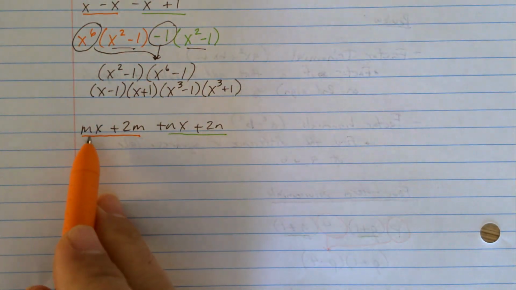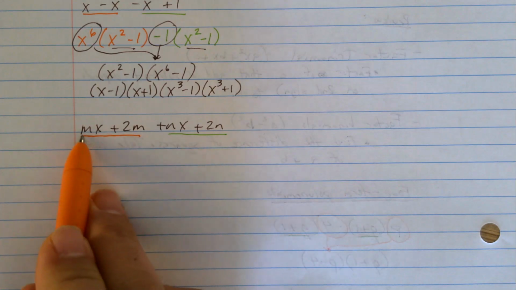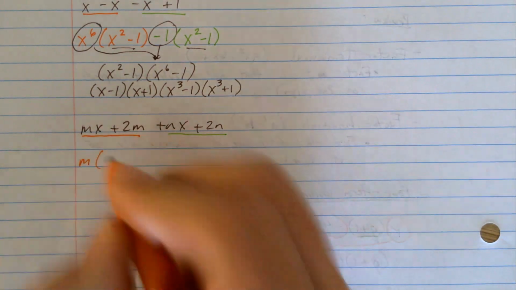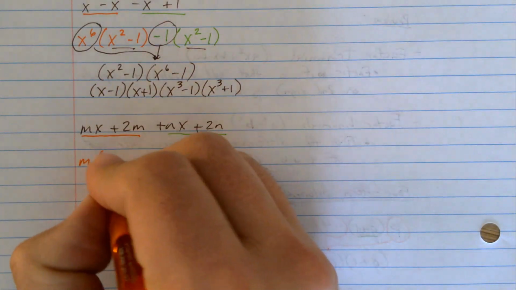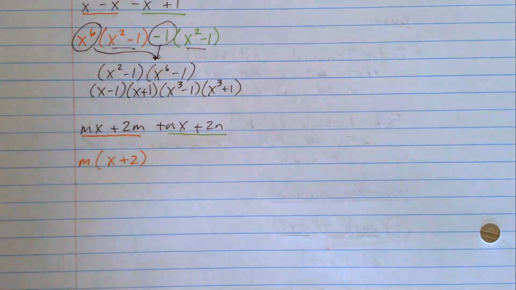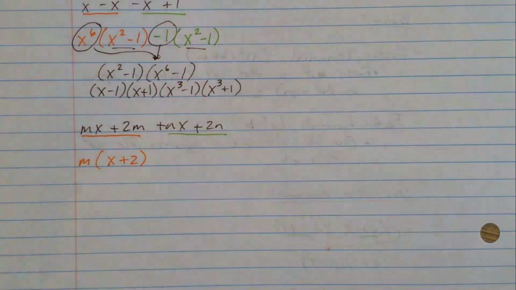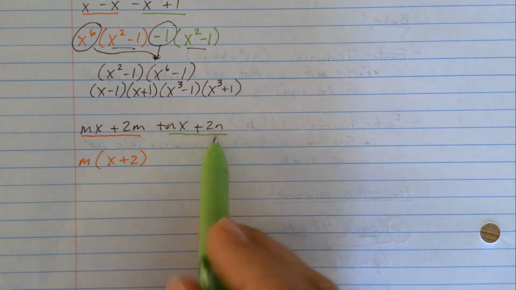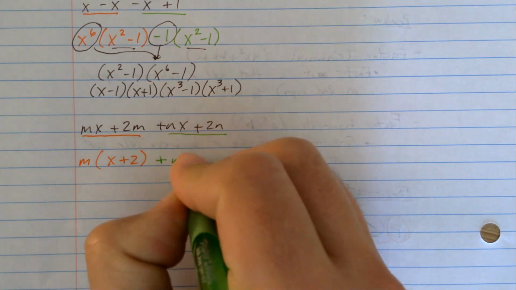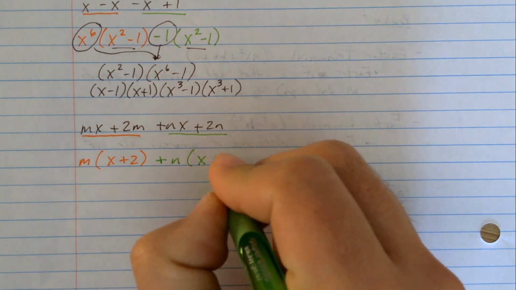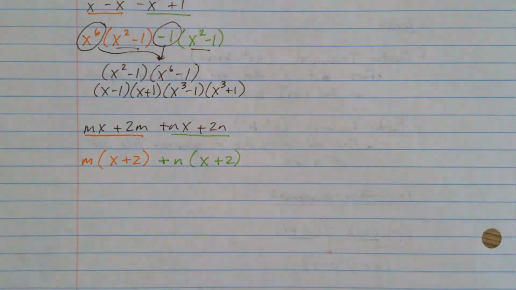So the GCF of mx and 2m is going to be just the letter m. Take away m, I have x plus 2. The last 2 terms here, I have an n in common, so I put plus n. Take away the n, and we have x plus 2.